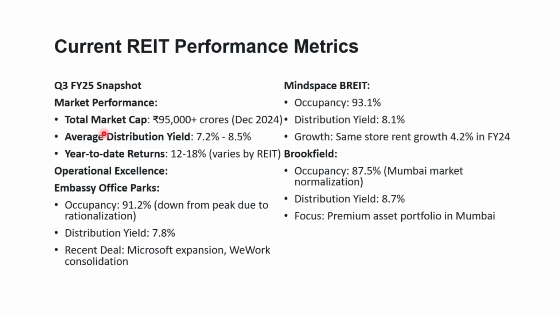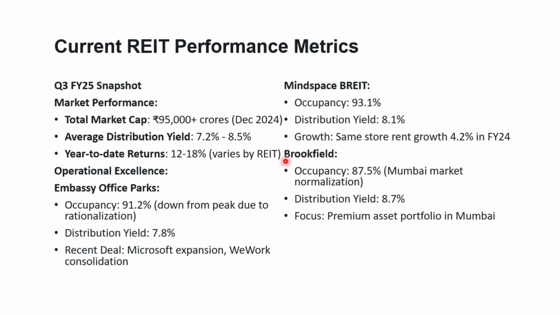Then we have seen that the market cap is significant, very high, around 95,000 crores. This can keep on fluctuating, but generally it is considered good because even though it was first started in 2014, the first listing happened in 2019, so there has been good progress.